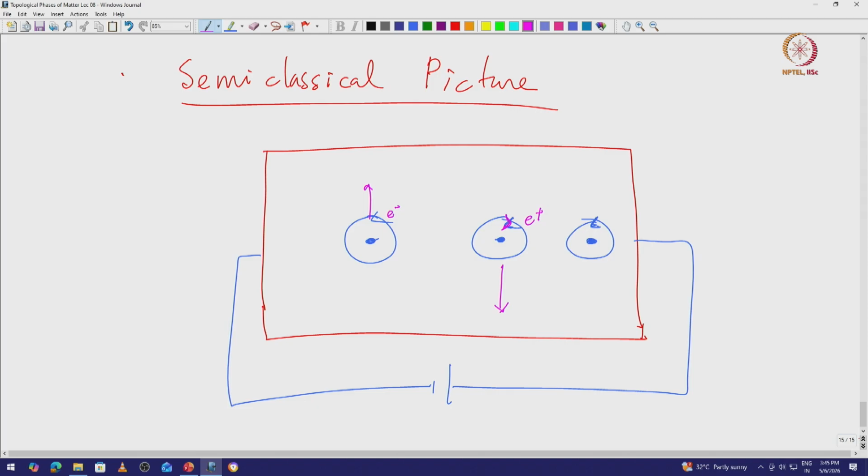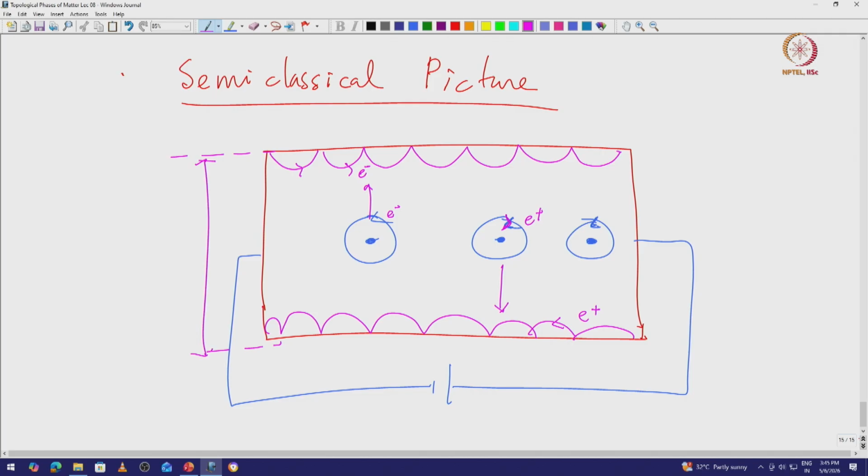And as they drift here, they will not be able to form a full cyclotron orbit anymore. So, they will go like this, whereas this one will go like that, and now we will have a voltage difference between them, because there are now more electrons which have been pumped to this edge by taking electrons from this side.